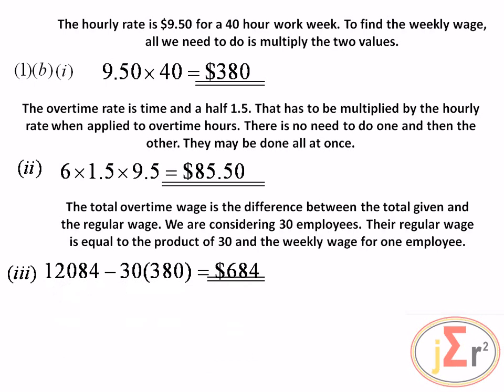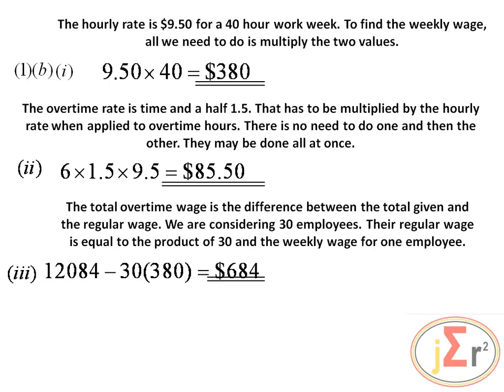What is the meaning of all of this? Here we have the weekly wage for one employee. We multiply that by 30 because there are 30 of them. When we multiply 380 by 30, that is the basic wage for the entire 30 employees for the entire week.